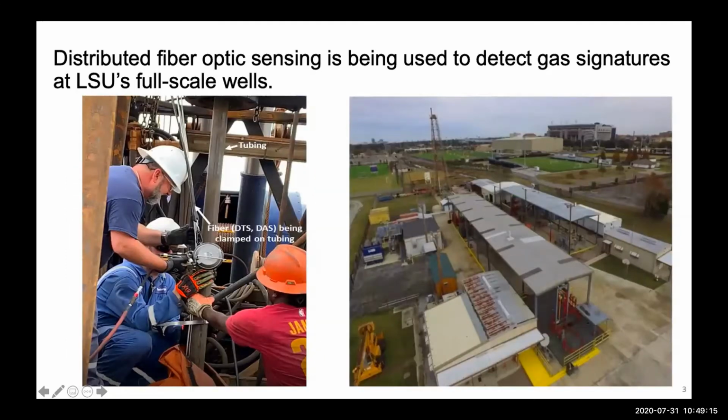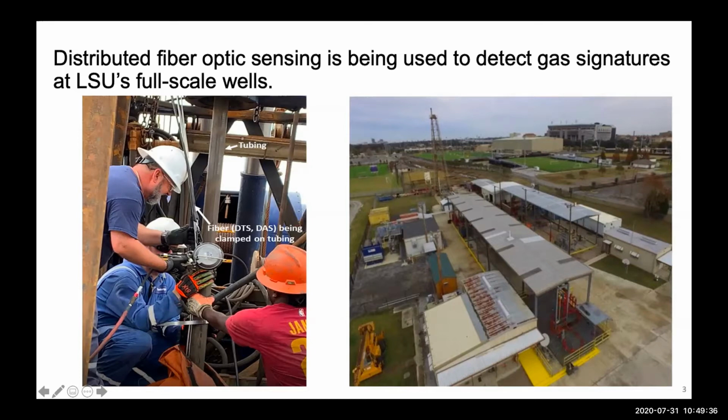The method of detection we wanted to go for was fiber optic sensor data, which uses fiber optic cables distributed down within the well to sort of detect some acoustic data from the gas as it rises up.